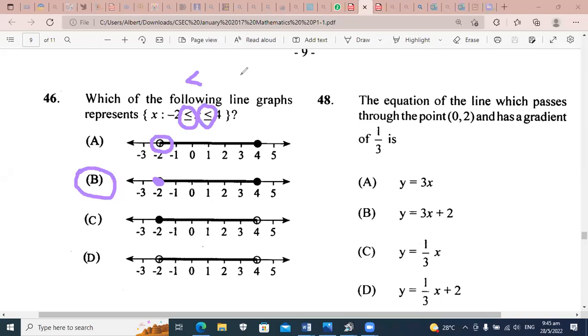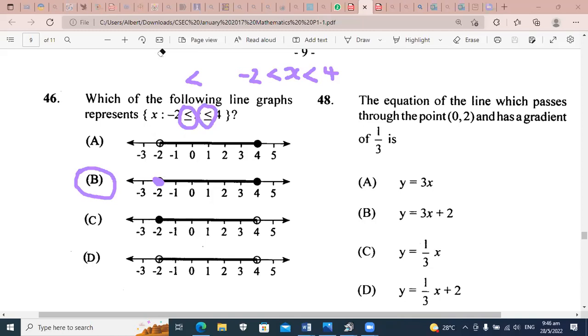So for example, if the question was -2 less than x less than 4, which answer would that be? D, because both ends are open, and open means it's unshaded. Follow? Yes, sir. All right, beautiful. So the answer there is B.